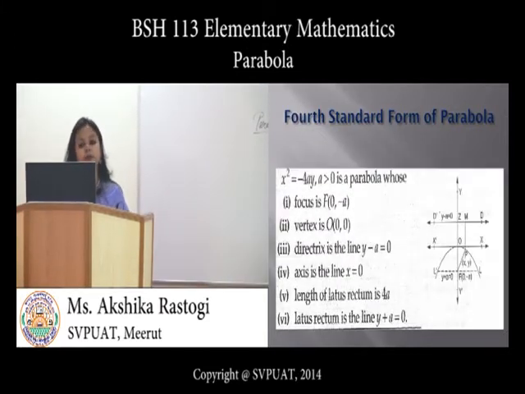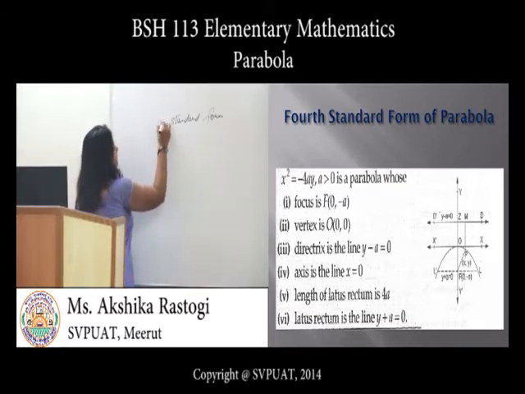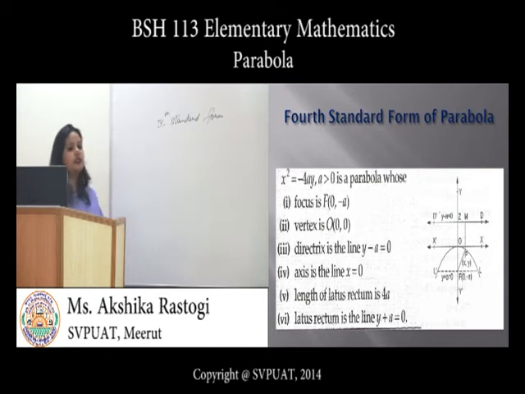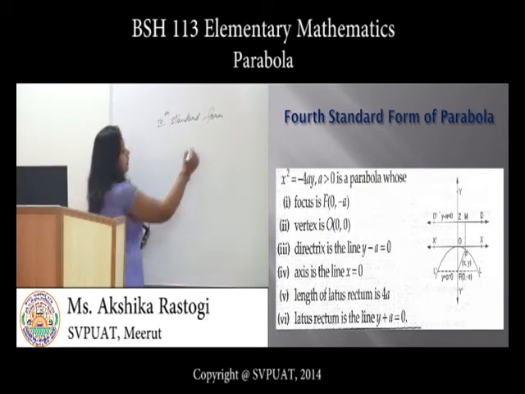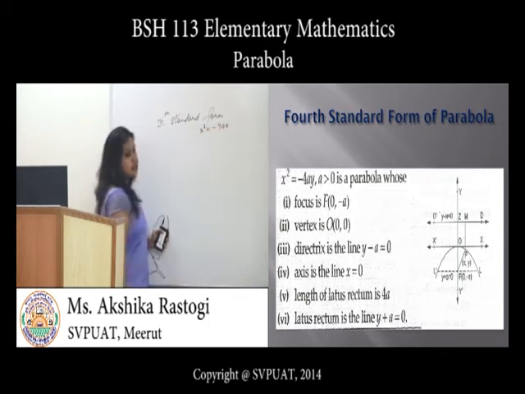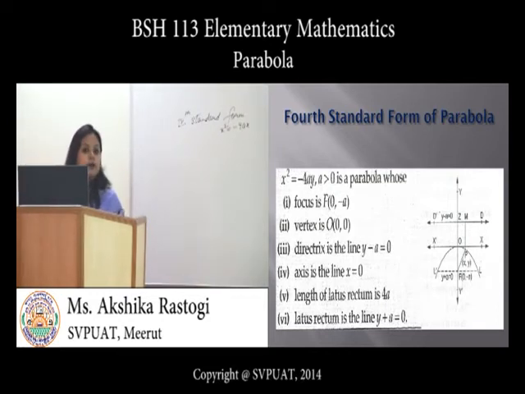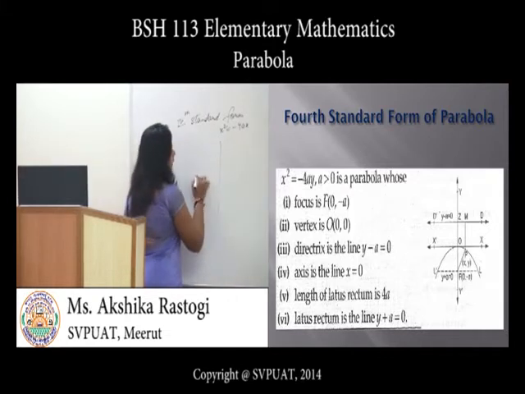Now moving toward the last standard form, the fourth standard form of the parabola. The fourth standard form of the parabola is x square equals to minus 4ay, or we can call it the downward parabola, because this one is in the downward direction.